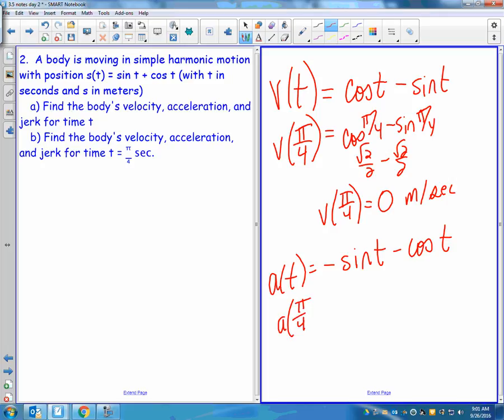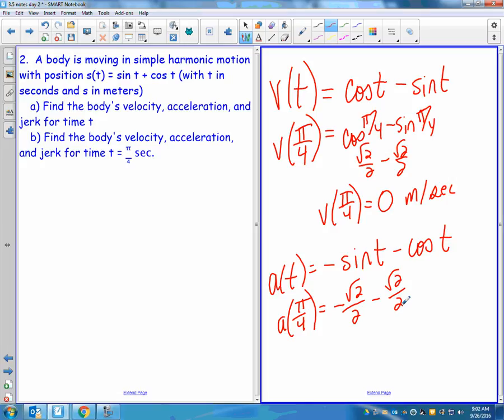It's not, right? So I get negative square root of 2 over 2 minus square root of 2 over 2, which is... what would be negative 1/2 minus 1/2? It's negative 1, right?